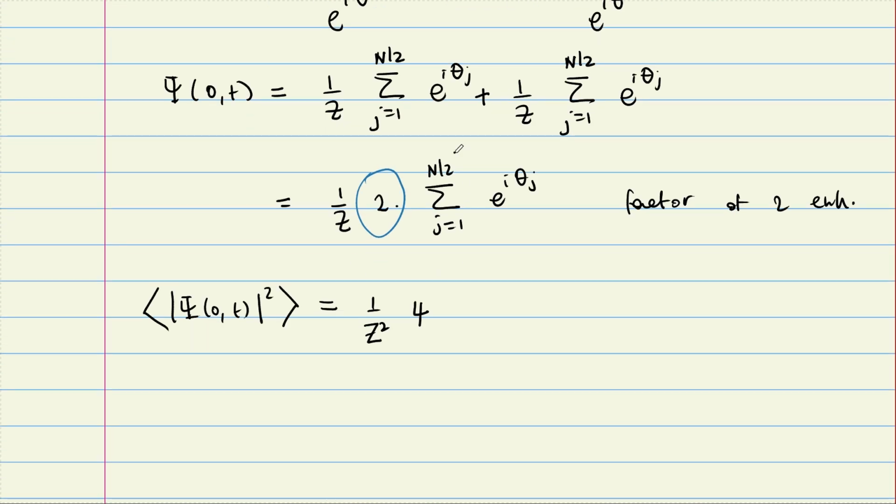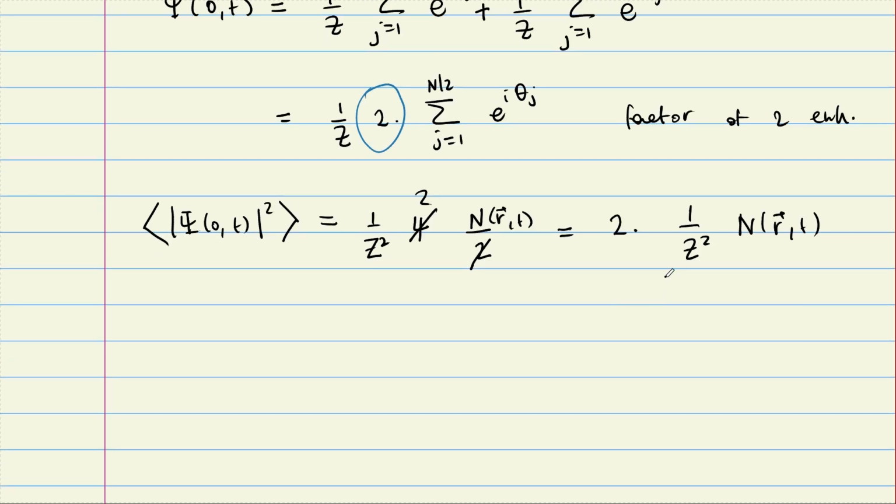The same argument runs for this, but the number of paths is not n, it is n over 2. And this is equal to, okay, this is n of r comma t. Then this is going to be 2 times 1 over z squared n of r comma t.